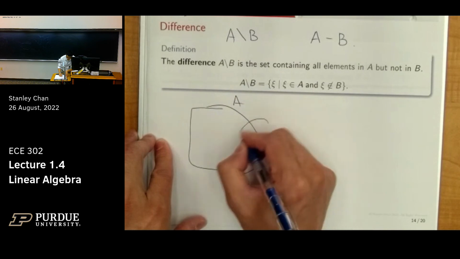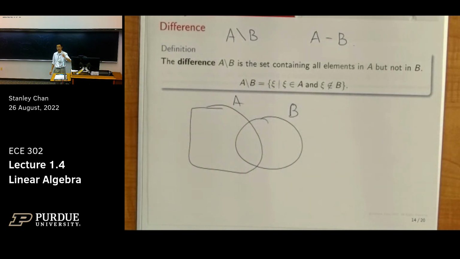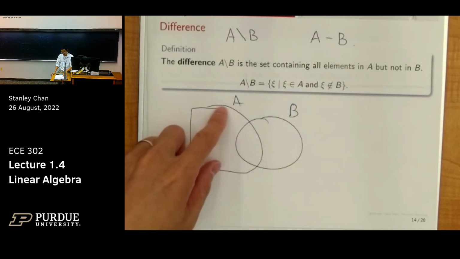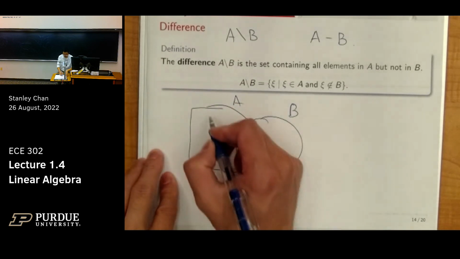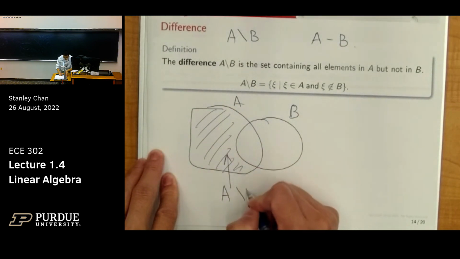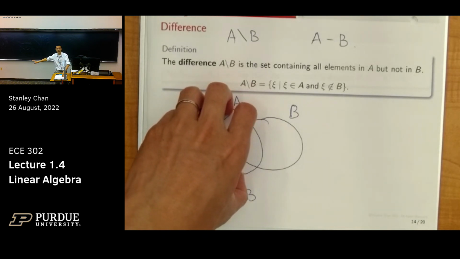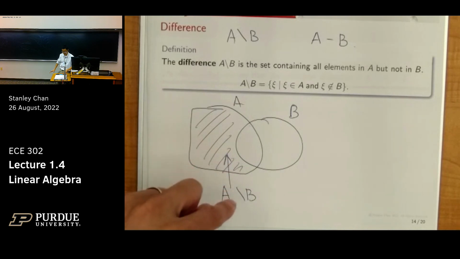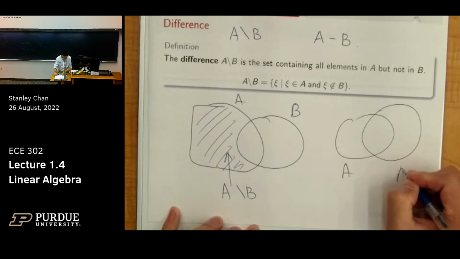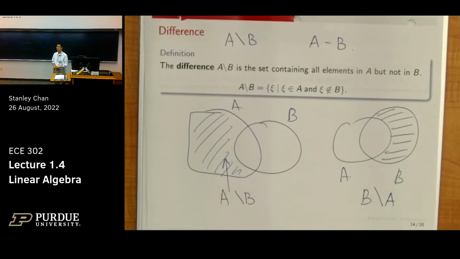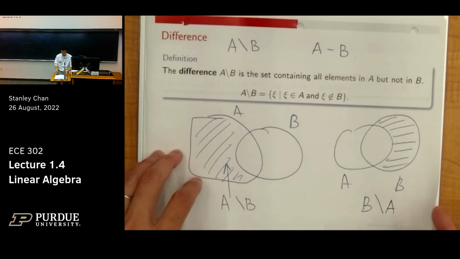Let's say this is your A, this is your B. A/B means you want A, but you don't want B. The stuff inside is called A intersect B. This half moon on this side means you want everything that's in A, excluding the parts in B. So that is A without B. Here, if this is A and B, this part is B without A. That's called the difference.